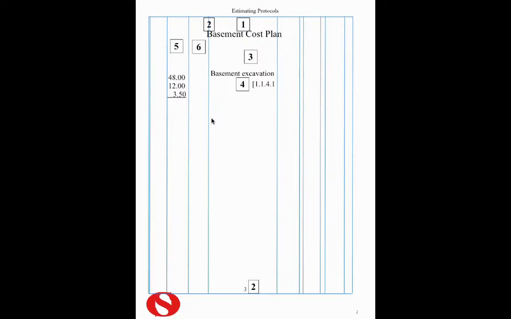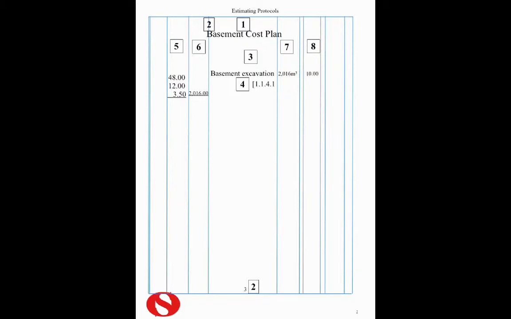Number 6 is the squaring column, where these three dimensions, the product of them, are multiplied together to give us 2016 cubic meters. That's transferred over into the units column, number 7, which shows whole integers only, 2016 meters cubed, showing the units as well.